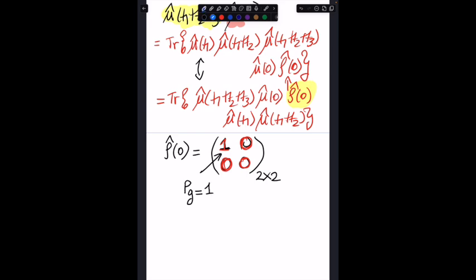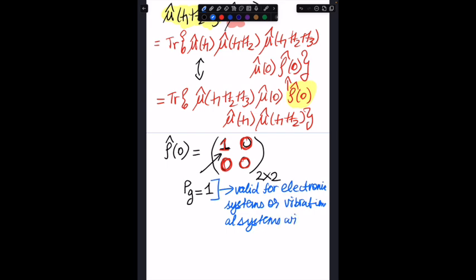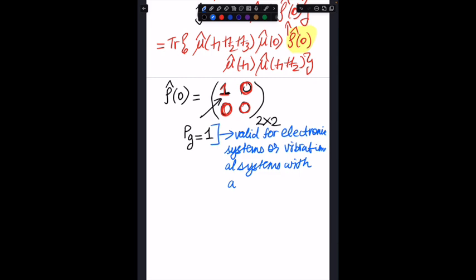Note, very important, this is only valid for electronic systems or vibrational systems with a very large energy gap, or with omega nu being large.